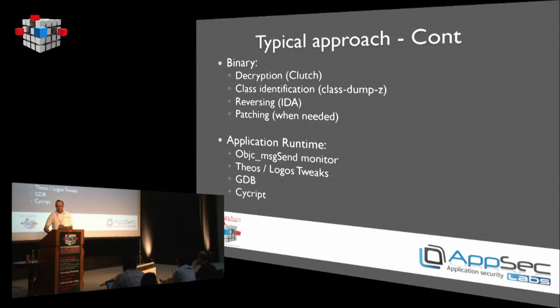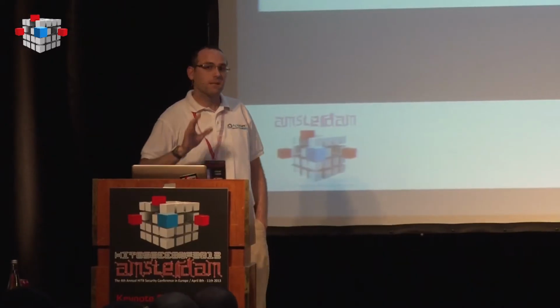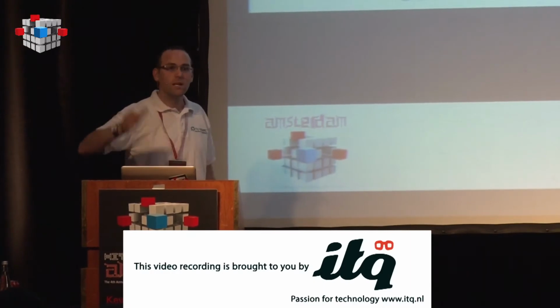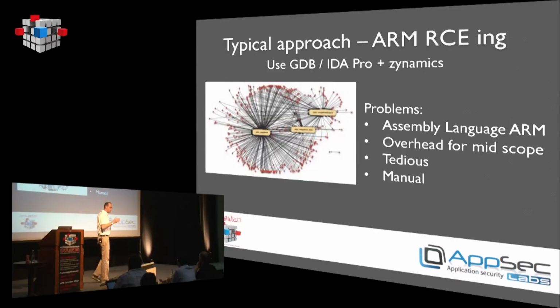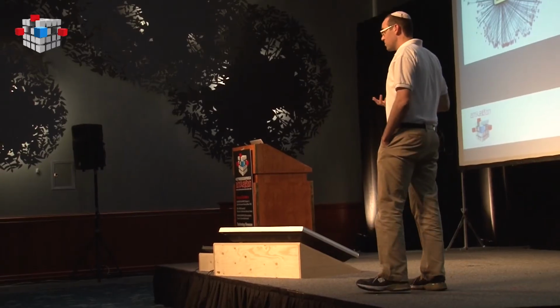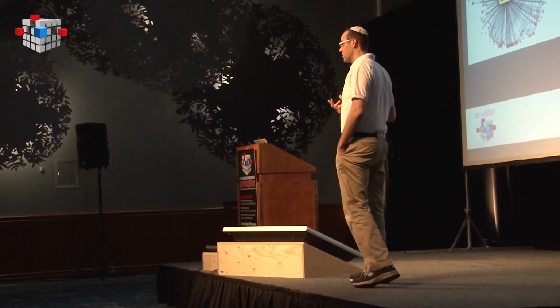Okay, so if we're looking at a typical approach, the state of the art is doing a full reversing of the binary. When you've got enough time, you've spent enough money, and you've got enough knowledge, you can do a full reversing of the entire binary. This is very good if you have the time. It's very good if you have the people to do it, if you have the knowledge to do it.